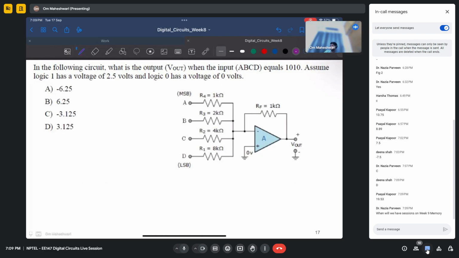So again, next question. In the following circuit, what is the output V out here when input ABCD is 1010? Assume logic 1 has voltage at 2.5 volts and logic 0 has voltage of 0 volts. Simply what they mean is Vref equals 2.5 volts.